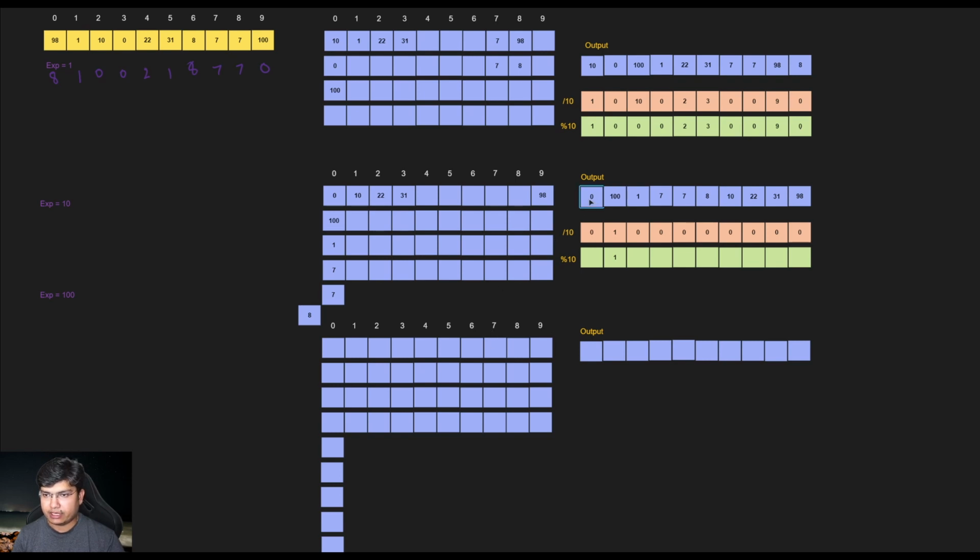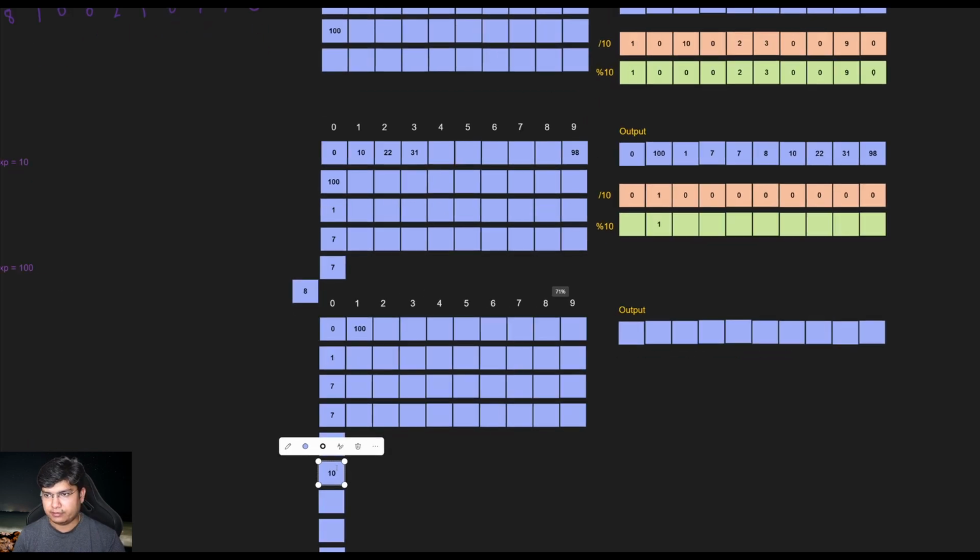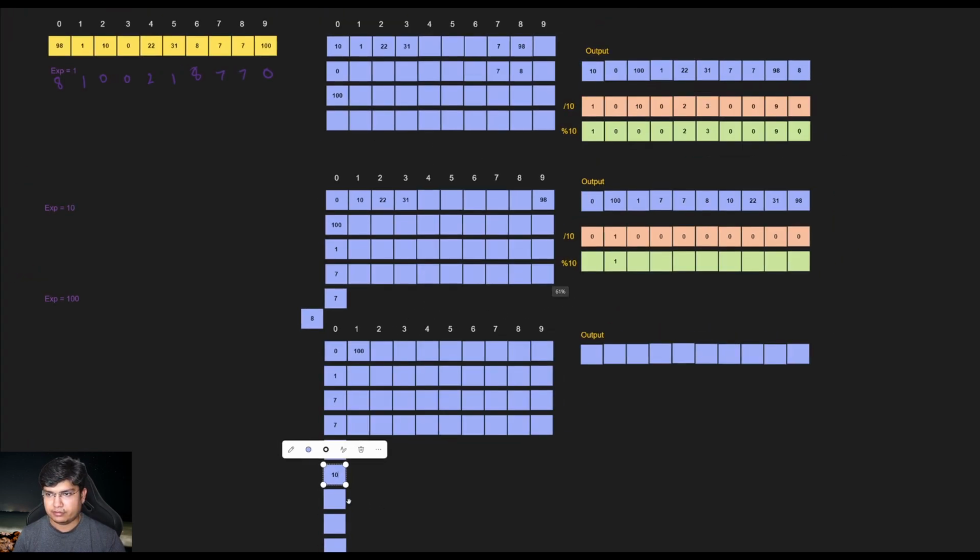Now I have to again insert these numbers into the bucket. Starting from 0 goes to 0, and 100 goes to 1. And 1 again goes to 0, 7, 7, 8, 10, 22, 31, and 98.